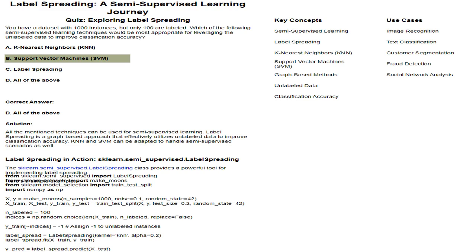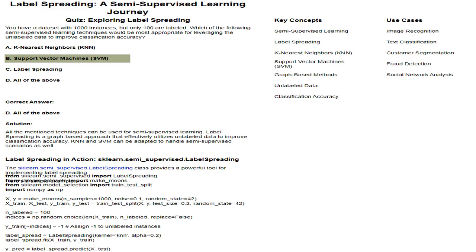A powerful algorithm for classification that seeks to find an optimal decision boundary that maximizes the margin between labeled instances. SVMs can be extended to handle semi-supervised scenarios by incorporating unlabeled data as constraints during the optimization process, leading to better generalization and improved classification performance.